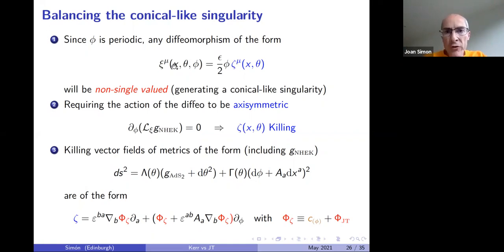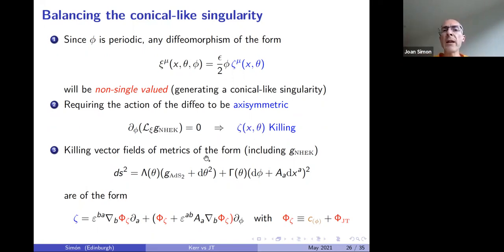There is no inconsistency between the vector field being linear in phi and the metric perturbation being axisymmetric. And in fact, what you can show is that if my vector field is linear in phi and I require the perturbation to be axisymmetric, this is equivalent to requiring this blue vector field to be Killing. But now it's Killing only in AdS2 and theta.